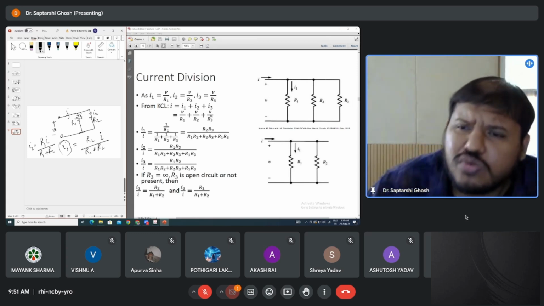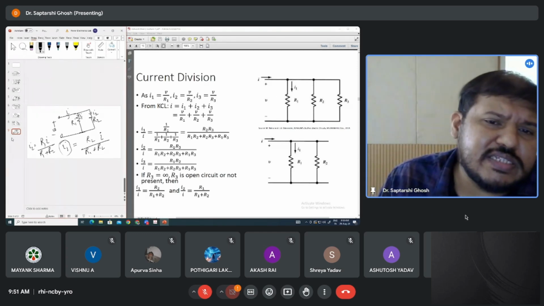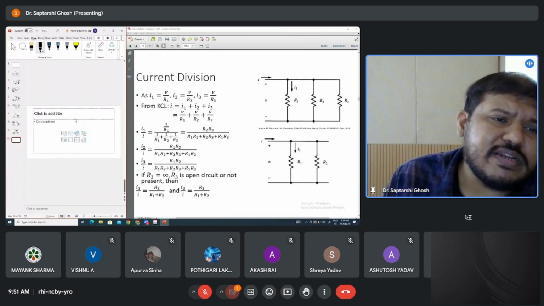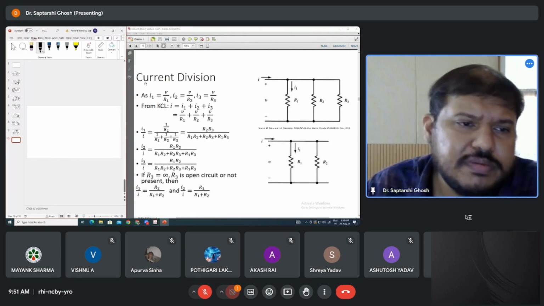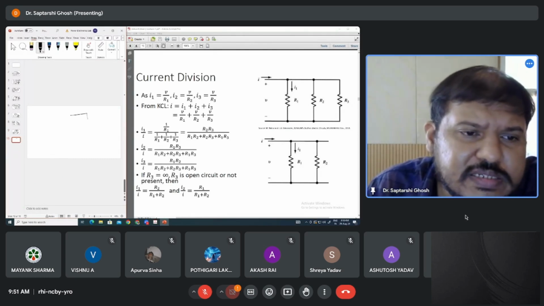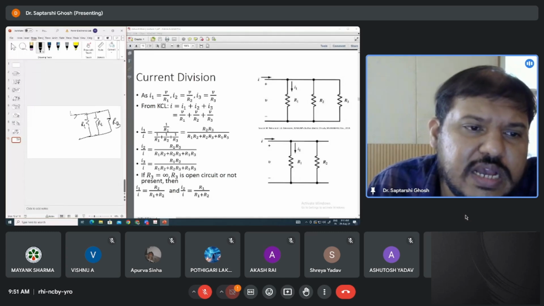If you go to three resistances connected in the same way, you can find this out. It is a similar concept. That means there are three resistances, R1, R2, R3, and this is I. This is I1, this is I2, this is I3.